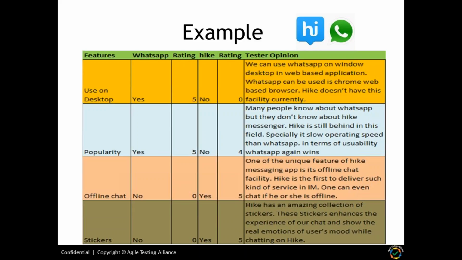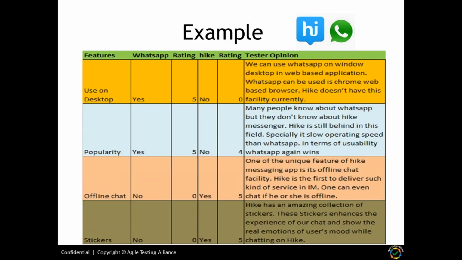So the popularity is much higher. Popularity wise, WhatsApp has a rating of 5, and Hike has 4. This is obviously a tester opinion, so it can be anything. When you as a tester do a feature comparison report, you can base your ratings on your opinions.